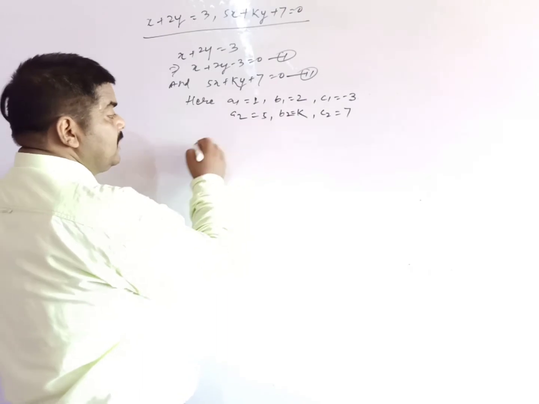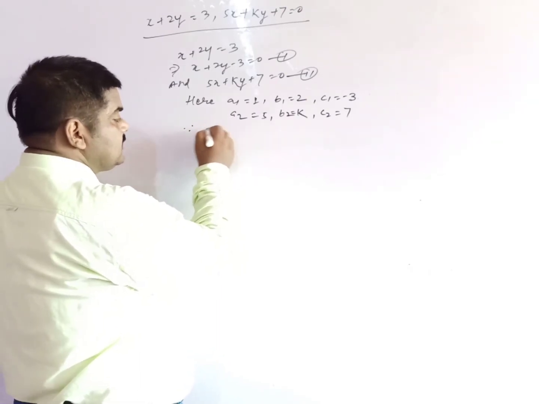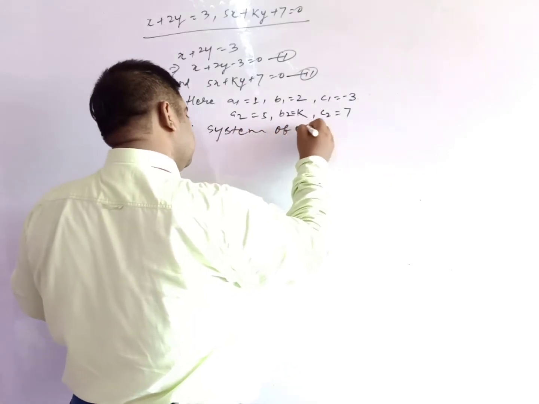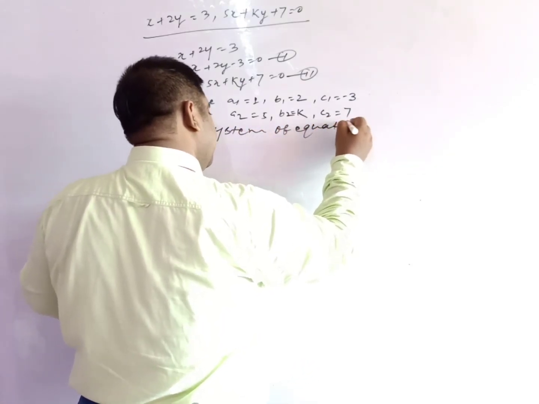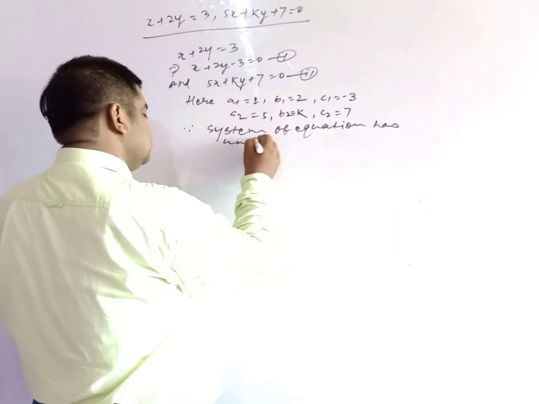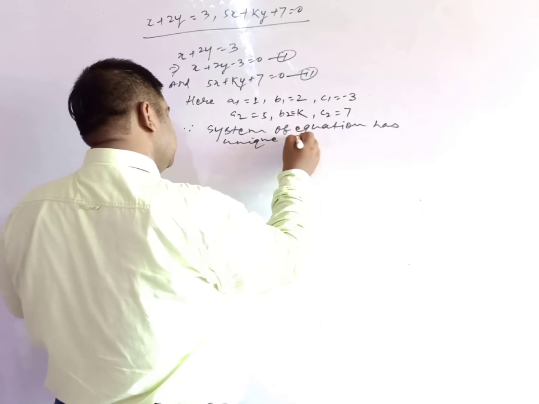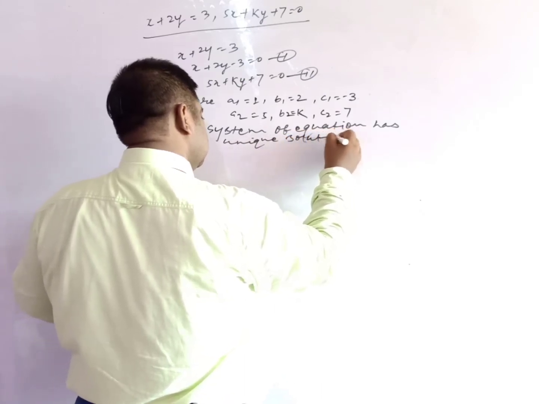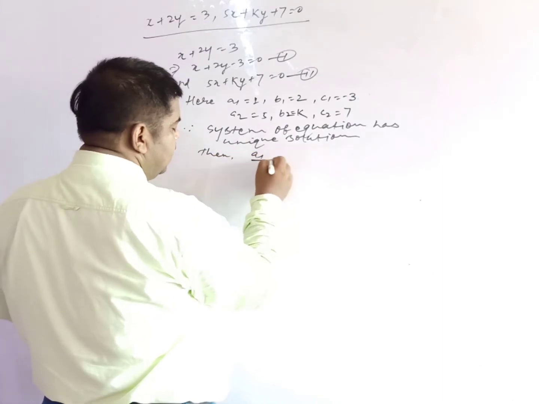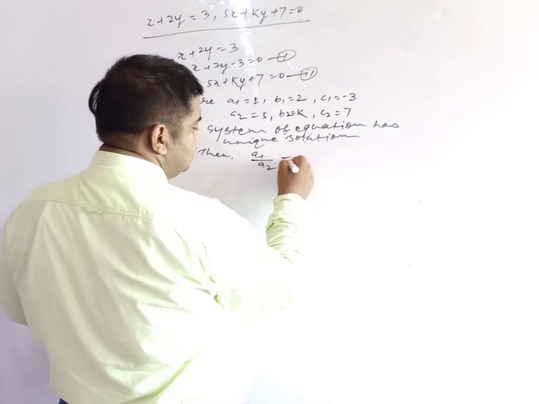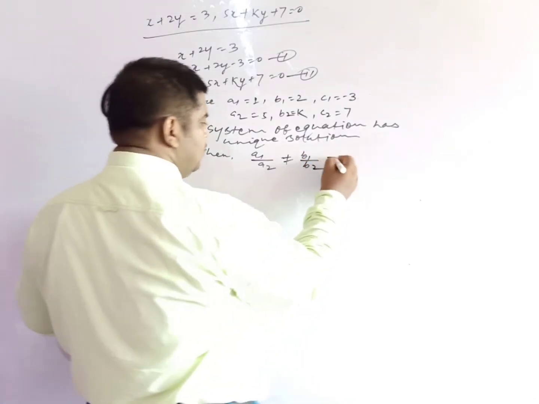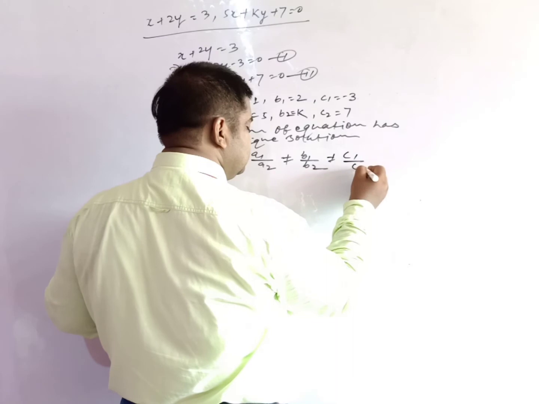And what are the conditions for a unique solution? Since the system of equations has a unique solution, we know very well that a1 upon a2 does not equal b1 upon b2, does not equal c1 upon c2.